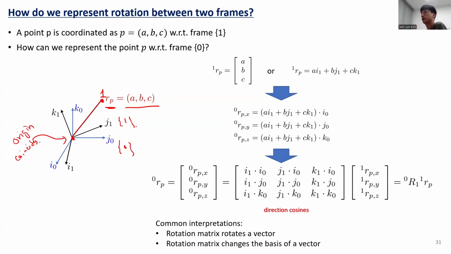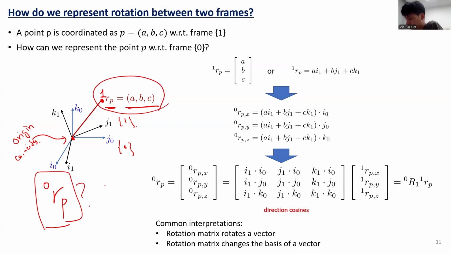It's a 3-dimensional space, so we have 3 numbers. Here what we want to do is express point P with respect to frame 0. We know the P from frame 1, that's ABC. Then what is the vector pointing to P with respect to frame 0? That's the question.